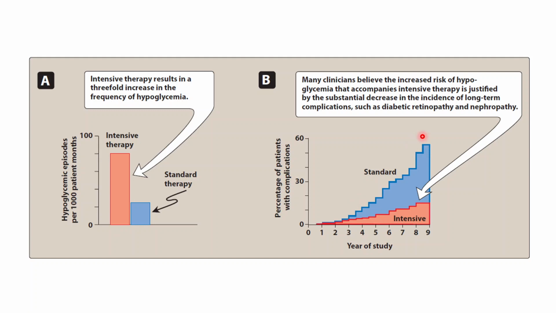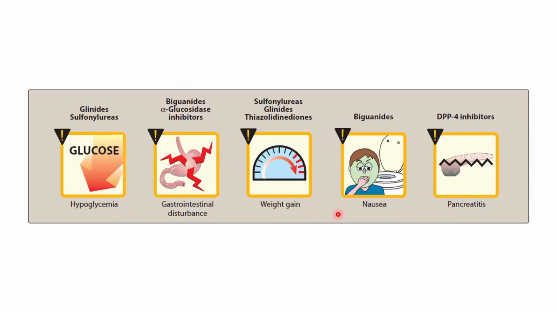But these are long-term complications. So for the hypoglycemia, the complications are short-term. So usually hypoglycemia will lead to the hypoglycemic coma, and that may result in death or injury.